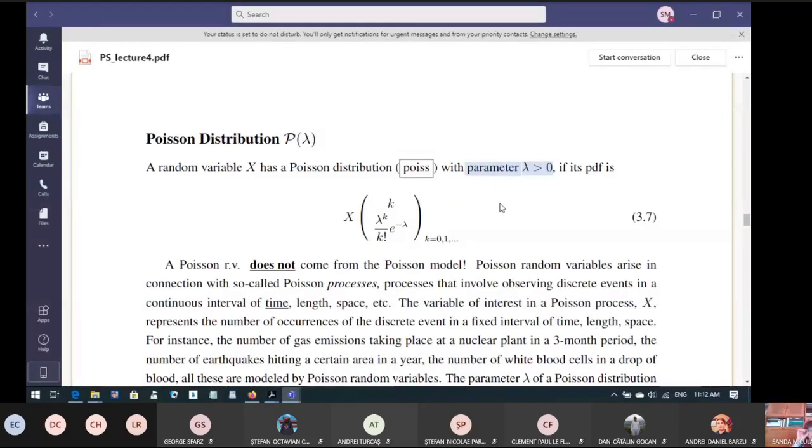Let's recall what the Poisson model was. It was sort of like the binomial model, except we allowed for different probabilities in each trial. So instead of just one p, the probability of success in all trials, we had p1, p2, up to pn, different probabilities of success for each trial.